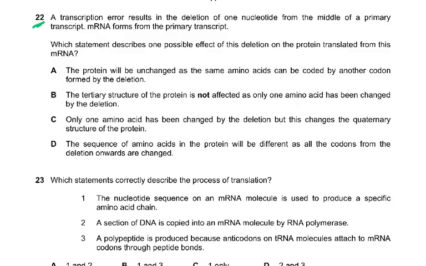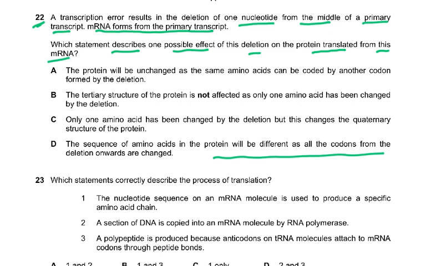Question number 22. A transcription error results in the deletion of one nucleotide from the middle of a primary transcript. mRNA forms from the primary transcript. Which statement describes one possible effect of this deletion on the protein translated from this mRNA? Now, you have to look at it, there's a DNA. So DNA says A, anything, I'm just saying this, you can say anything.